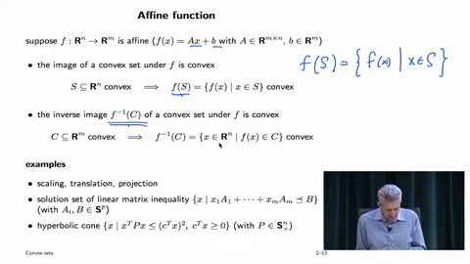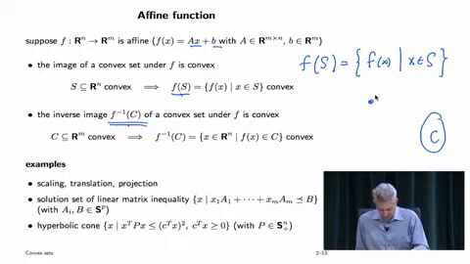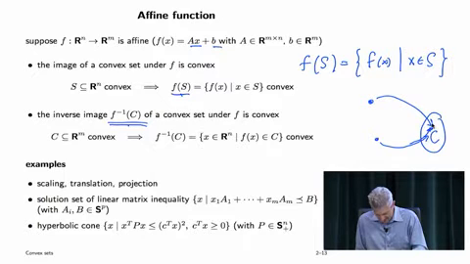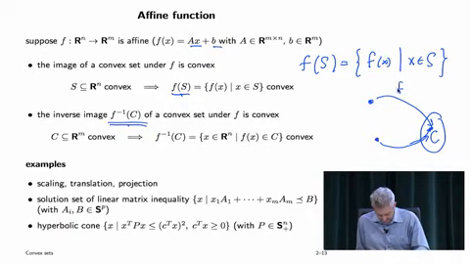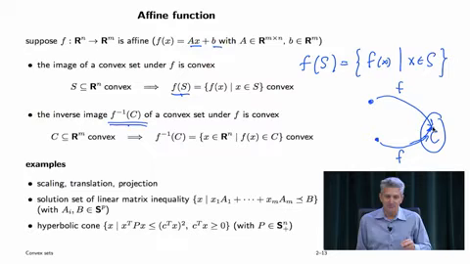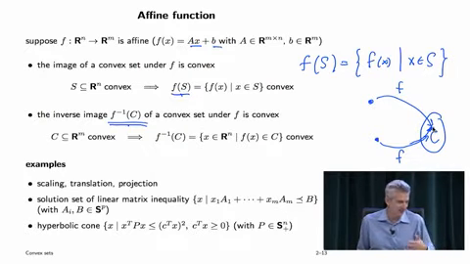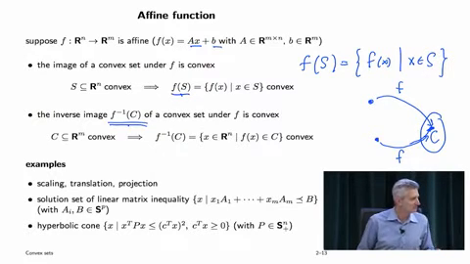It is the set of points that map into the set, right? So if that's your set C, then you simply apply f, and if you land in the set, in fact, let me have them land at the same point. There you go. Then these two points are in f inverse of C. And notice that they both have the same value of f, and therefore f is obviously not invertible, right?